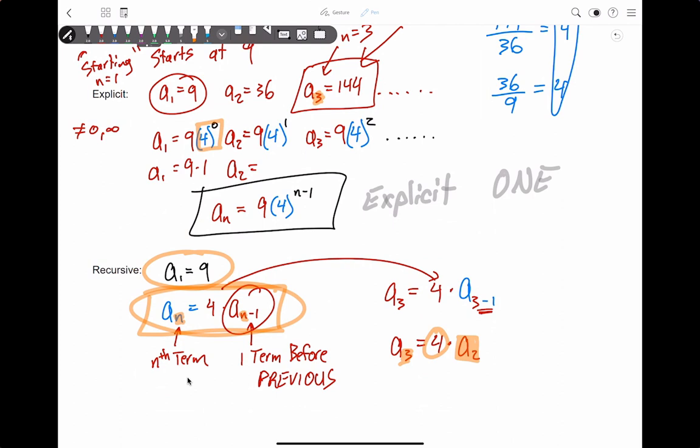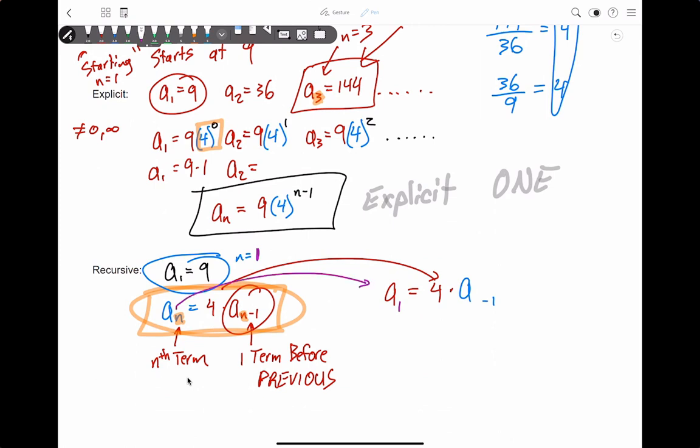So again, if I wanted to find, let's say, the first term, let me use this exact one here. If I wanted to find the first term, which we already know is 9, then we're saying, what is the first term when n is 1? If n is 1, we'd say a sub n, that's where that 1 goes.